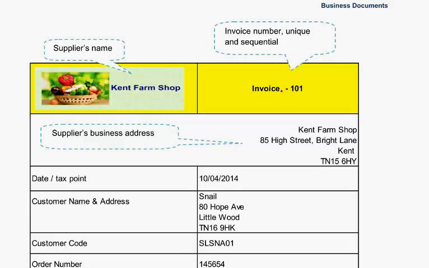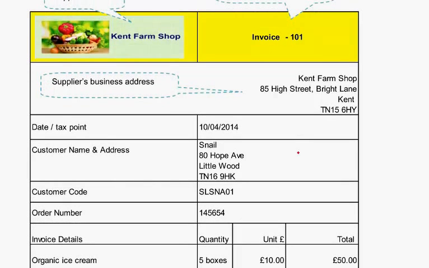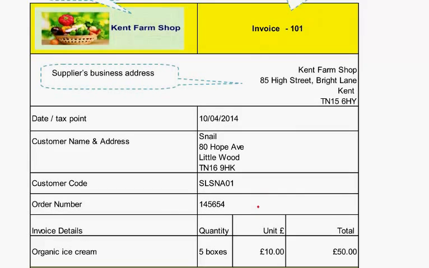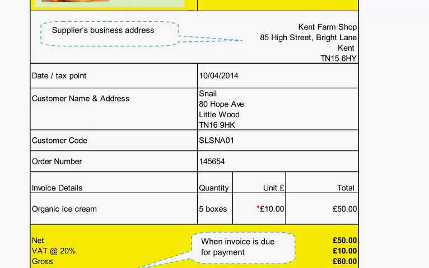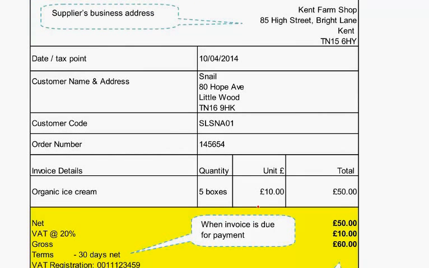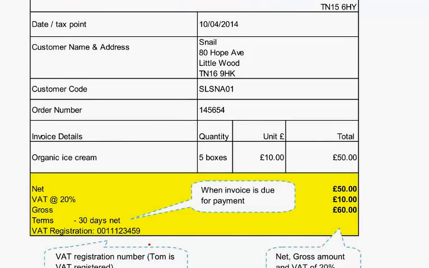The address, things like that. Date, customer number, potentially customer code, any order number that would be on, and VAT if it's payable, and the terms that are payable there, and you'll also see the VAT number.